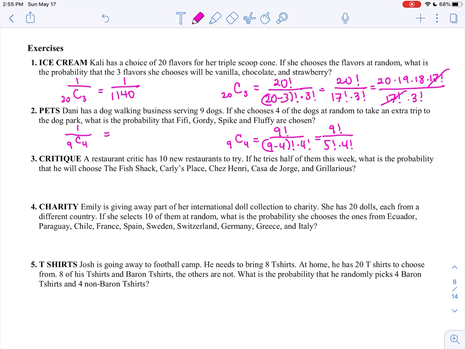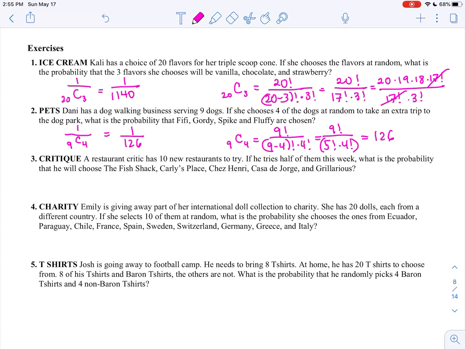There's also a factorial button on your calculator, so you guys are more than welcome to use that. Make sure that you put parentheses around this as you simplify. And we should get 126. So there's a 1 in 126 chance of selecting those 4 dogs from the 9. Why don't you guys hit pause and then try 3 and see if you can set it up.